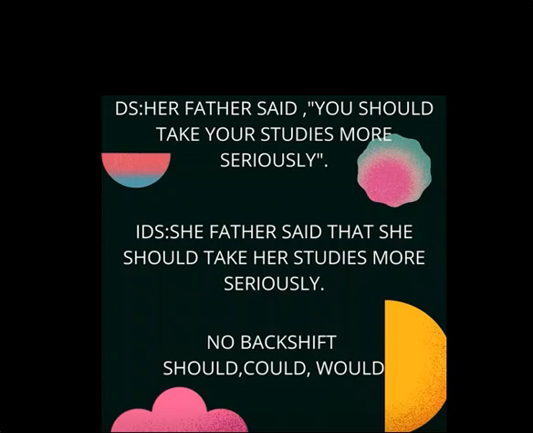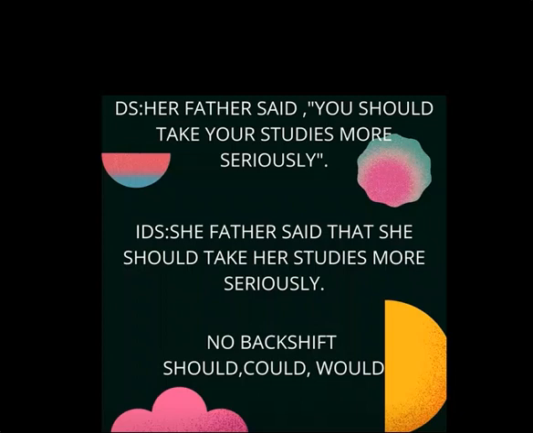Next sentence: her father said, "You should take your studies more seriously." Let's convert this sentence into indirect speech. Her father said that she should take her studies more seriously. Here there is no back shifting.